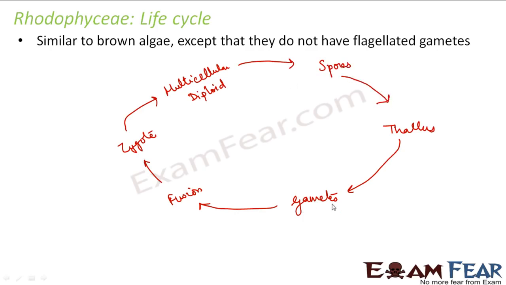the thallus again. So the gametes involved in the life cycle of a red algae are non-flagellated. That is, they are non-motile, they cannot move. So that is the only difference between the life cycle of a red algae and the life cycle of a brown algae. So I think with this we have ended our discussion on algae.